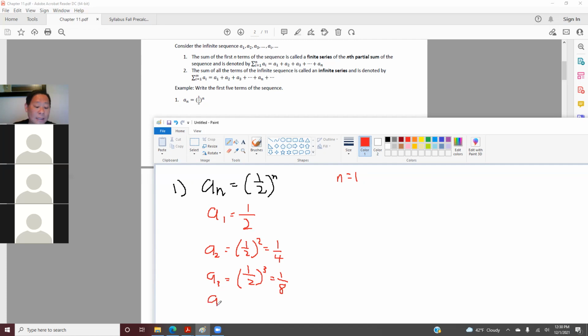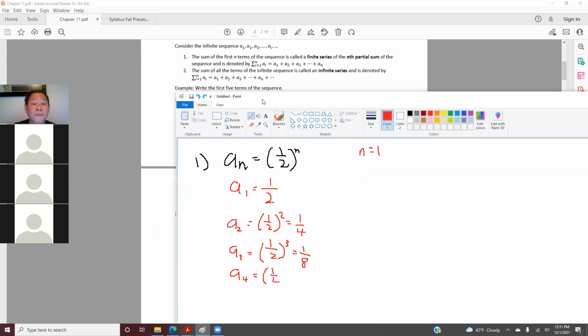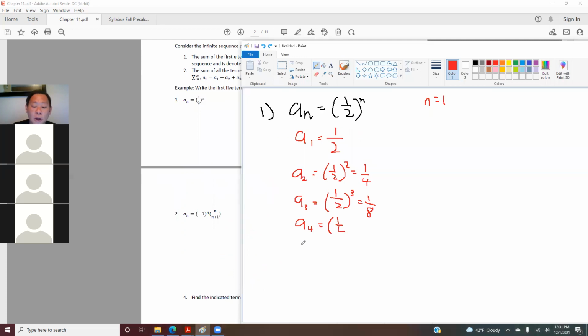And then this is easy. This section is actually not difficult. Because the question wanted us to find the first 5 terms, you're going to go all the way to A5. So A4 is 1/2 to the power of 4.